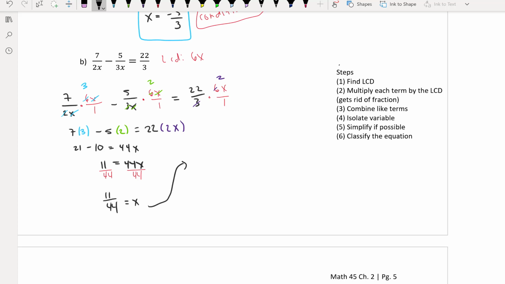I am going to divide by 11 on the top and bottom. So if I had x is equal to 11 over 44, when I simplify it, that would give me 1 over 4, since I am dividing top and bottom by 11. So my final answer is x is equal to 1/4, which tells me that this is also conditional. Okay.